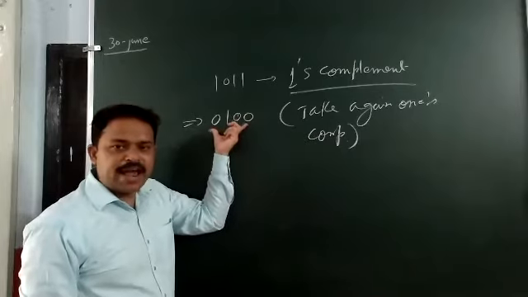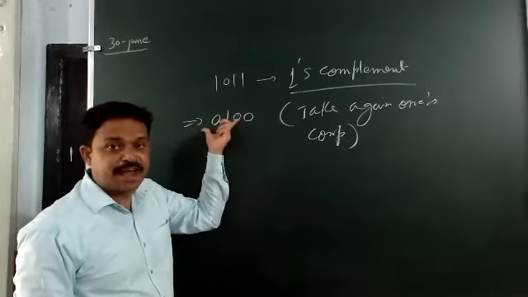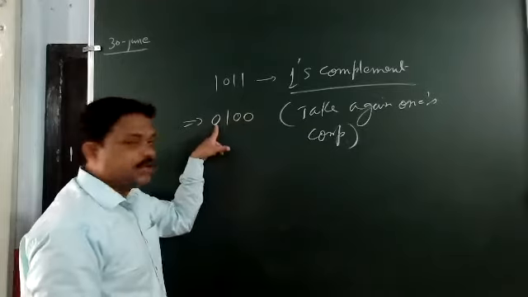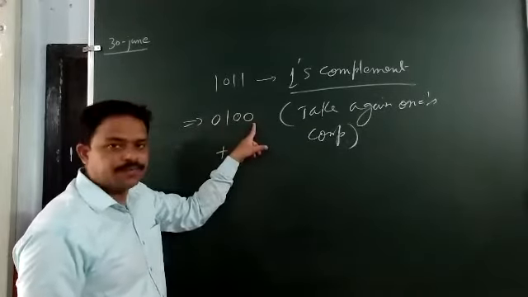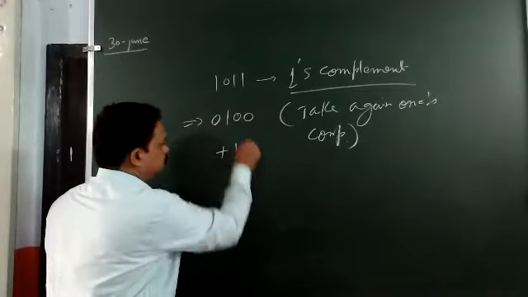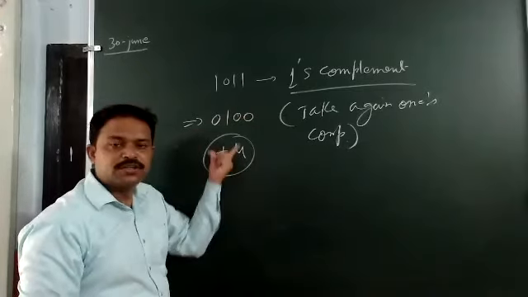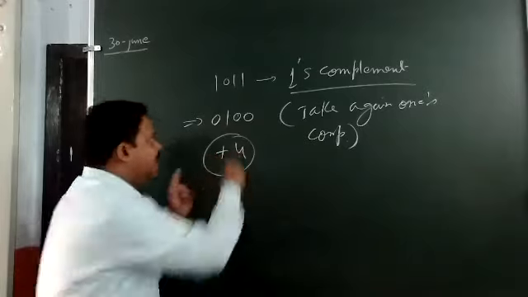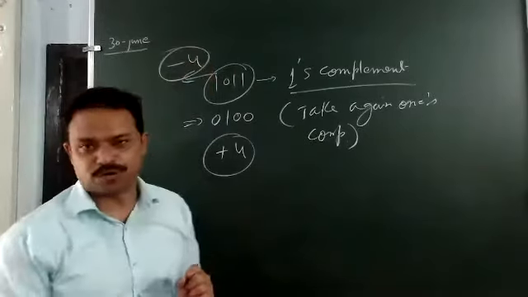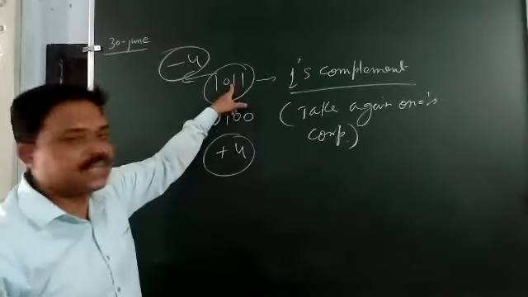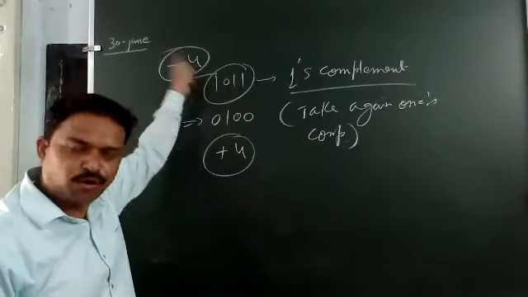This value you can read. 0 is a positive value. 1, 0, 0 is 1, 2, 4. Sir, this is plus 4. If this is the plus 4 value, it means that the original is nothing but minus 4.